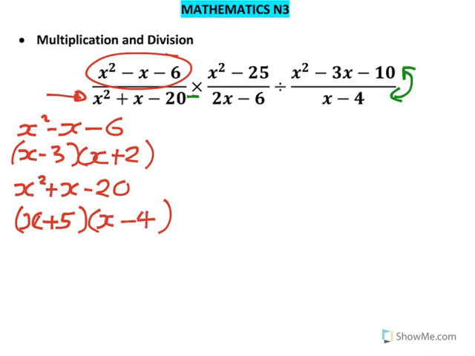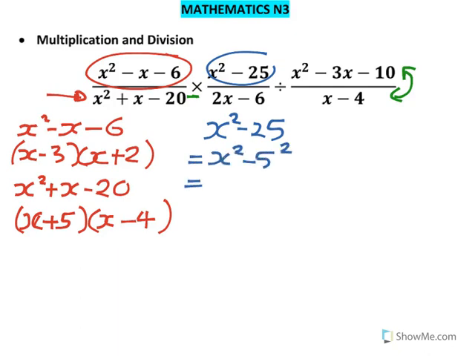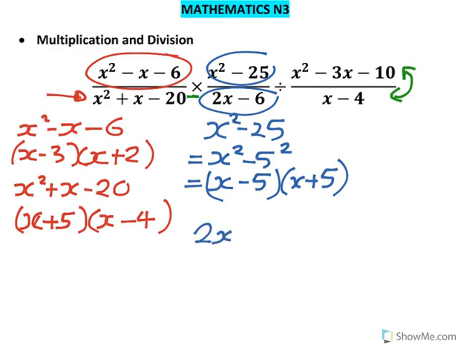Looking at x squared minus 25, it is a difference of two squares, which is x squared minus 5 squared, which is x minus 5 and x plus 5. I'm just working at this randomly. For 2x minus 6, you will have 2 being common there and x minus 3.